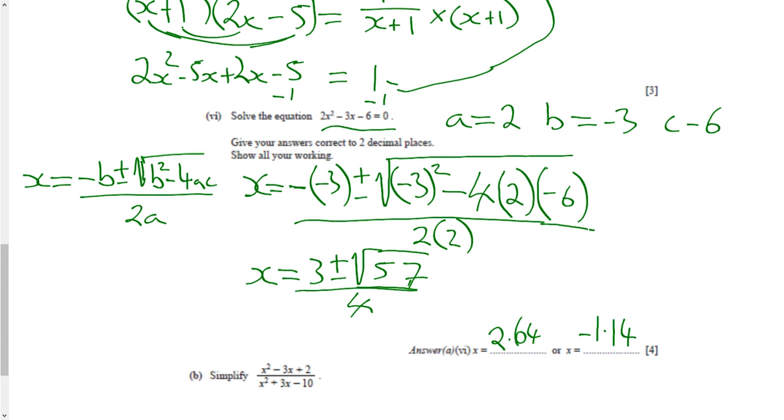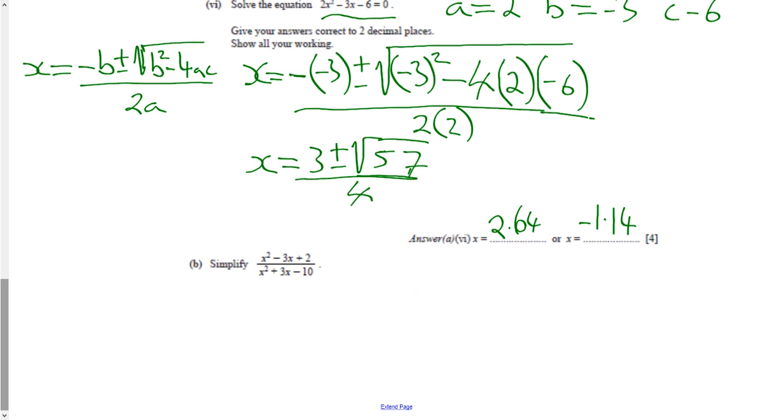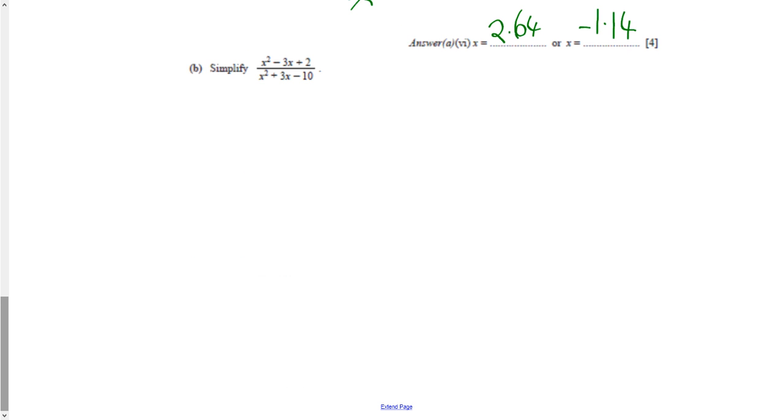Okay, now let's look at our final part here, so part B, and we've been asked to simplify this guy right here. Now, just by looking at it, the first thing that I would probably do here is I would factorise both the top and the bottom. Now, how am I going to do that?